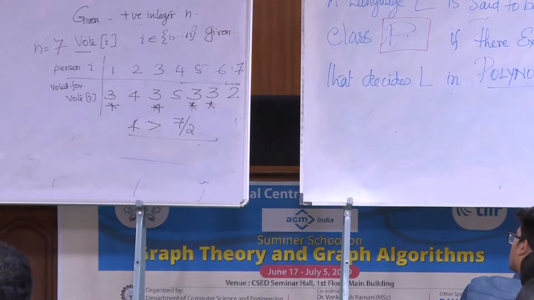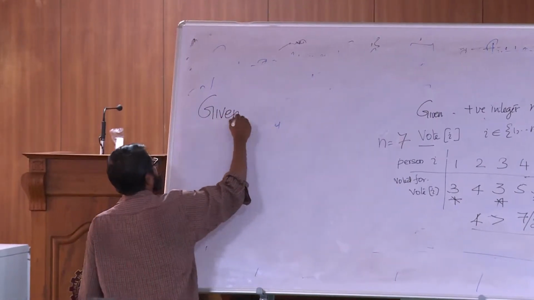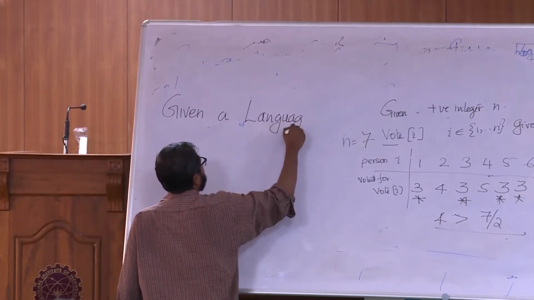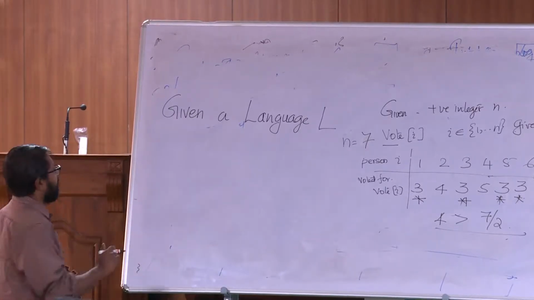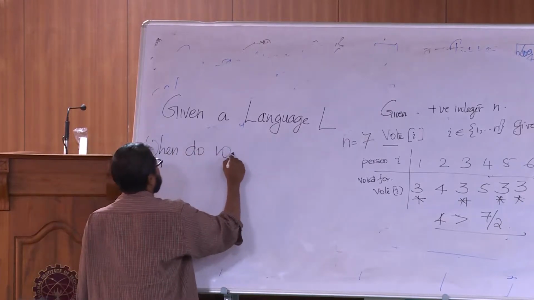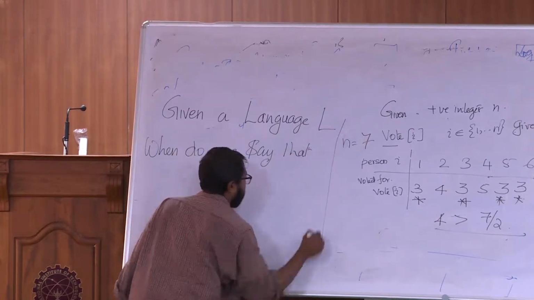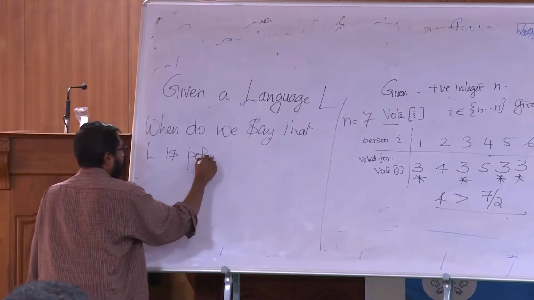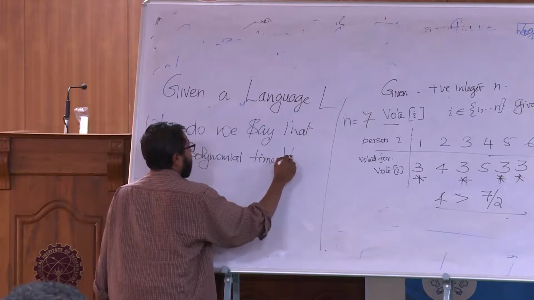So suppose given a decision problem L. So when should we say that L is polynomial time verifiable?